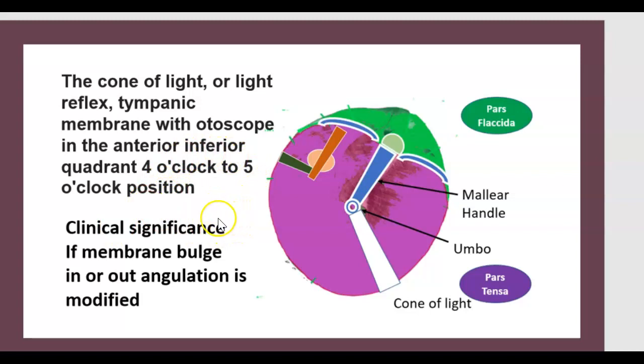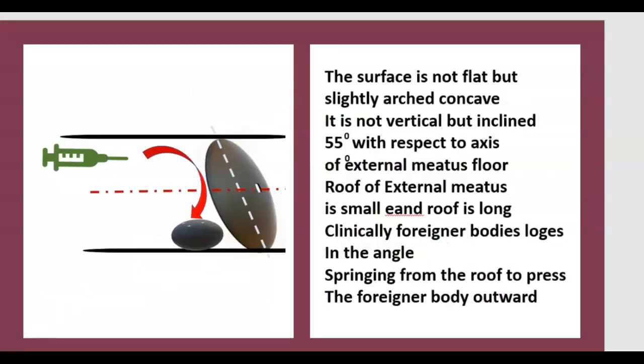Clinical significance: if the membrane bulges in or out, the angulation is modified. The surface is not flat, but slightly arched concave. It is not vertical, but inclined 55 degrees with respect to the axis of the external meatus floor.